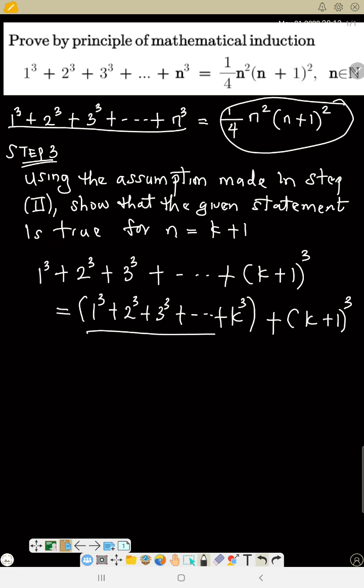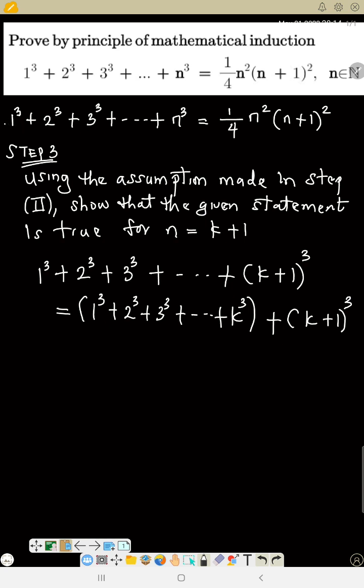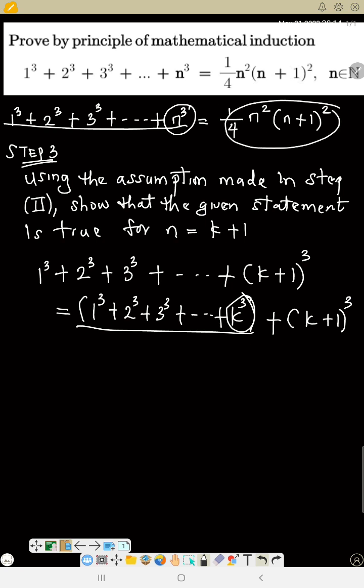So everything here will be equal to 1 over 4 k square, with n replaced by k. Just look, the two are the same. Just like n cube is now k cube, and the result is this. So you write all this to be 1 over 4 k square, as in the result here. So that's our next step.